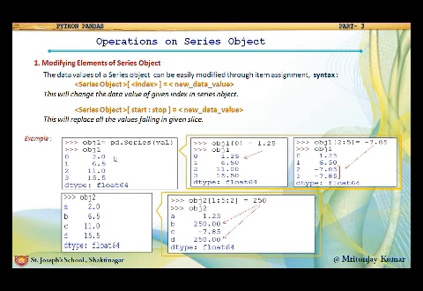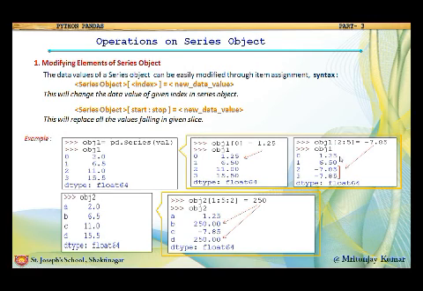You can see in this example, I have taken a series object obj1 having the values 2, 6, 11, 15 on the indexes 0, 1, 2, 3. I have to modify the value stored on index 0. So what should I write? I should write obj1 in a square bracket, index 0, equals 1.25. You can see the value on index 0 has been changed to 1.25.